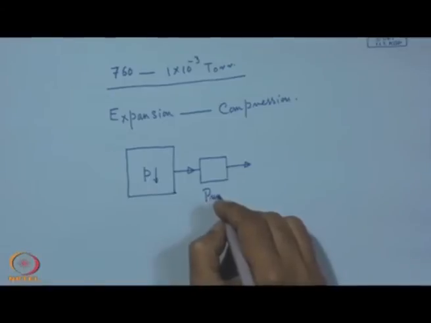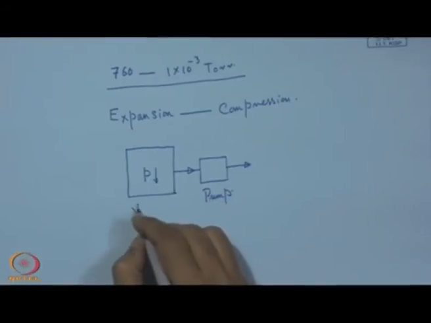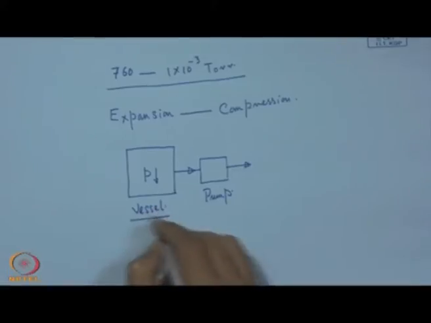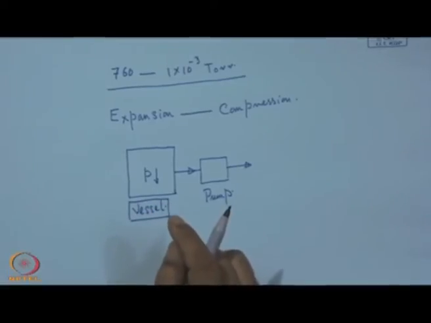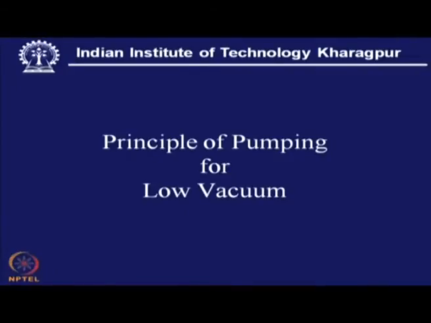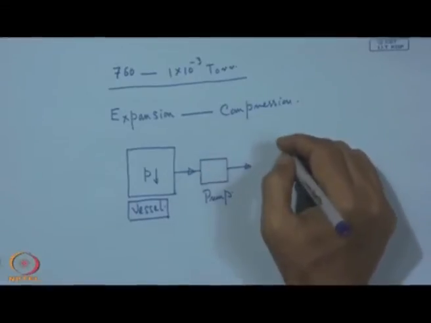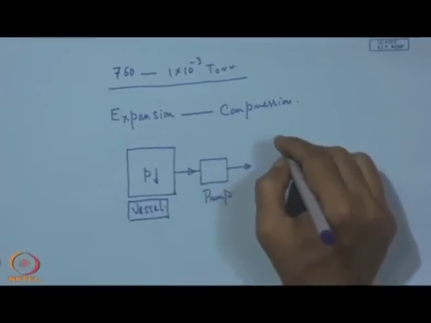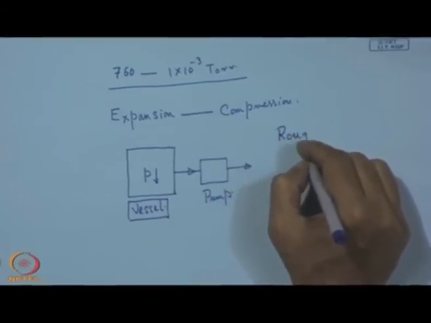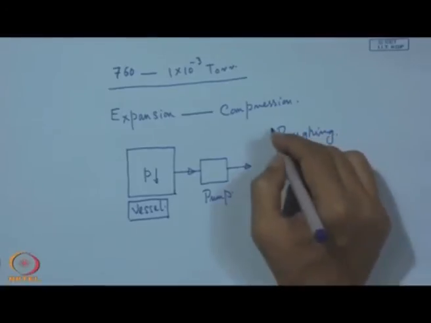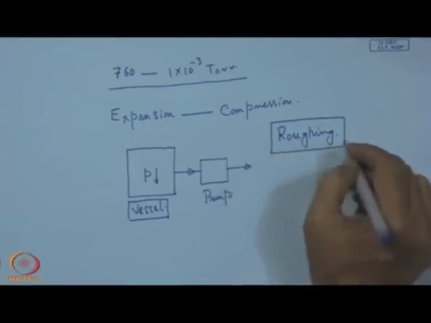So this is the pump, and that is a vessel or a chamber which is to be evacuated. That is called the principle of pumping for low vacuum, but there are exceptions. We can also mention that a pump without any rotary or moving part also can be used for this low vacuum operation, and in the language of vacuum technology, this low vacuum evacuation is also called roughing, that means rough pumping or simply roughing.